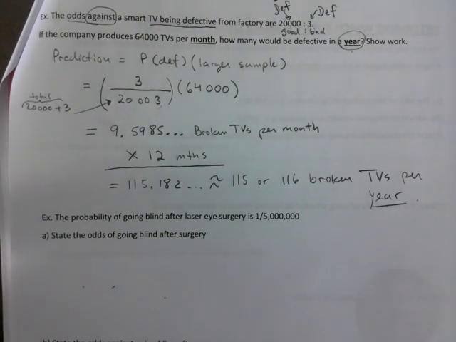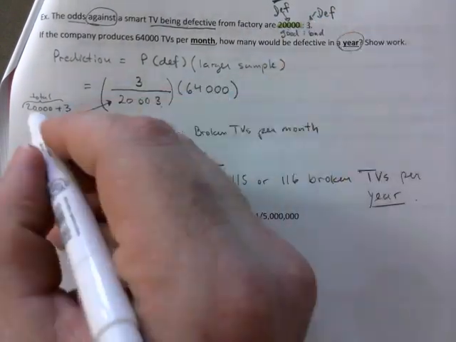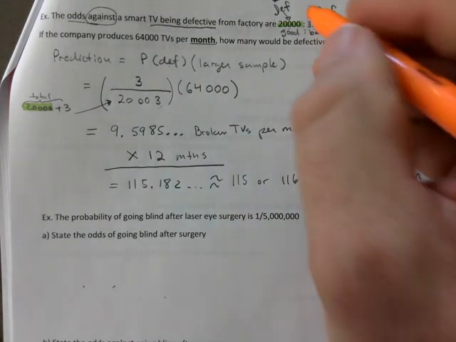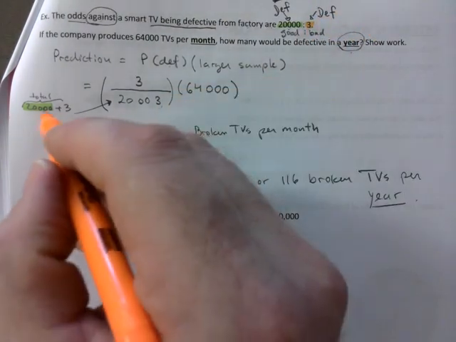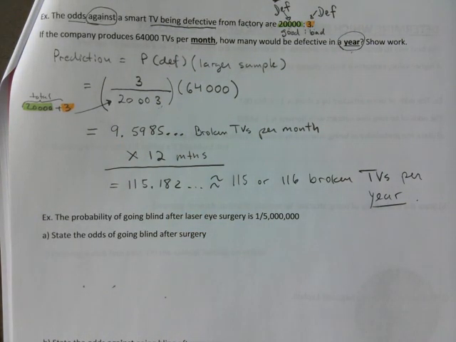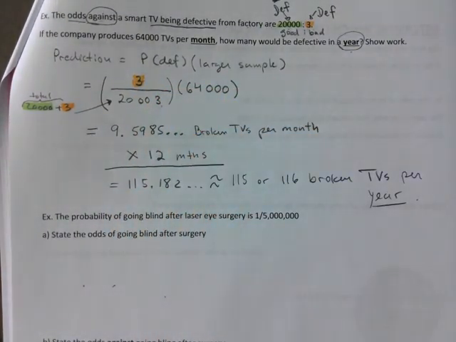And I think I used green and orange the other day. It doesn't matter. Just to see, oh, okay, that's how that happened. And I came up with that numerator going back to the odds there.